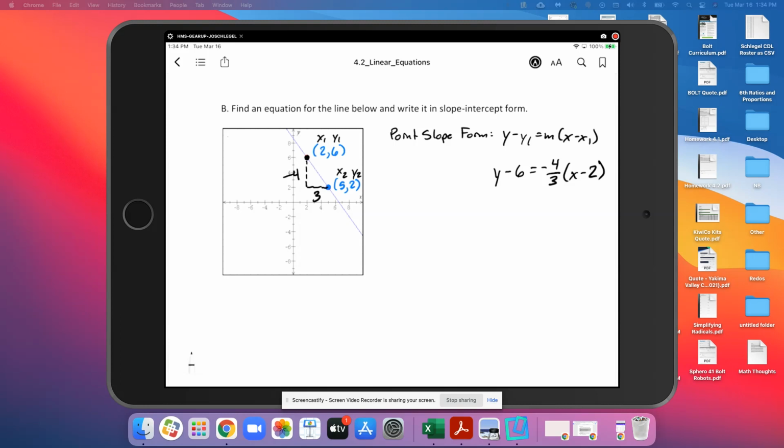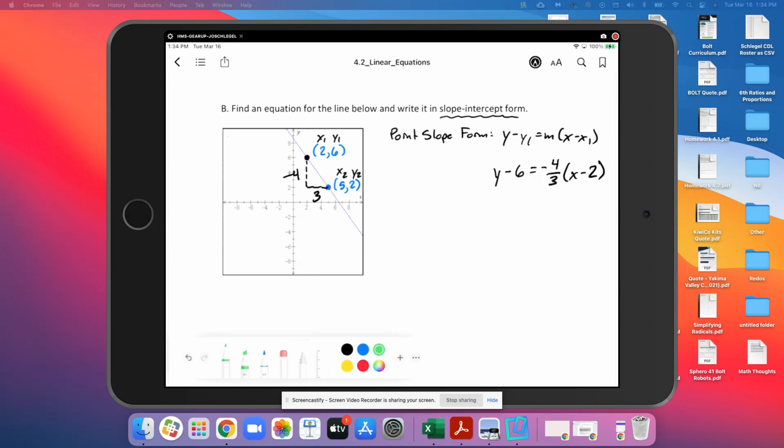So all we've done, folks, between the first step we had there and this step is to put in our x1 and our y1 values, which we got from the graph, and put our slope in, which we also got from the graph. And so I do need the equation written in slope-intercept form, it says here, so we do need to manipulate this and solve it for y.